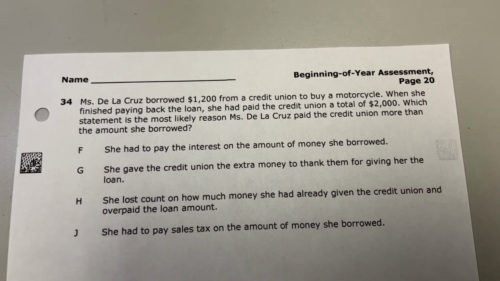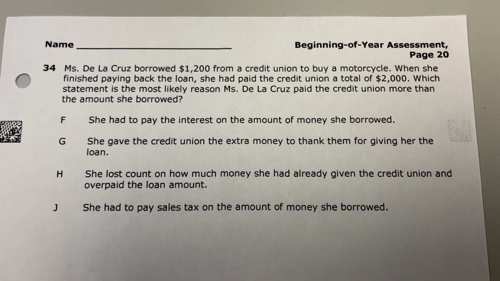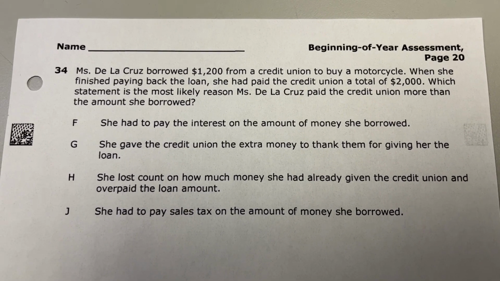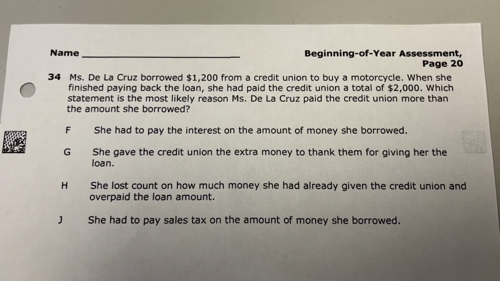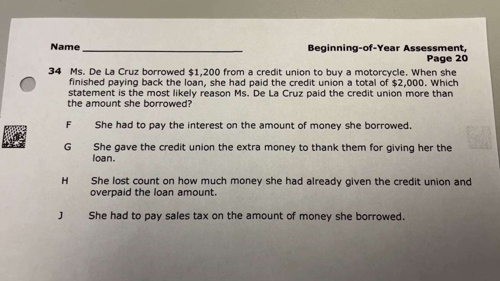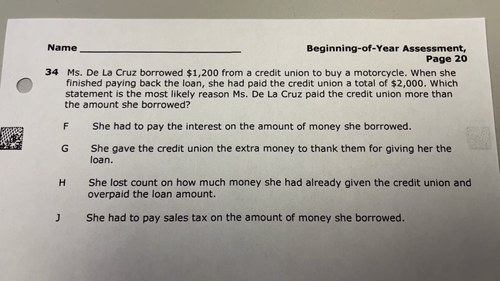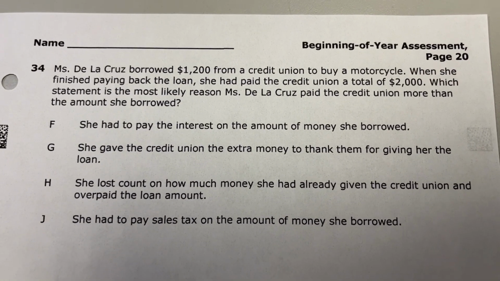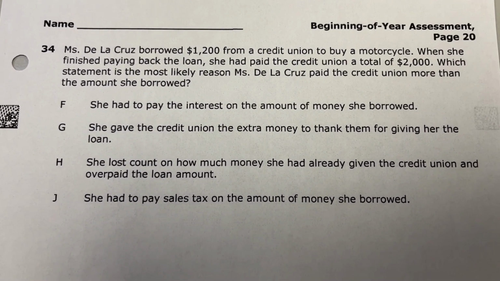Number 34. Mrs. De La Cruz borrowed $1,200 from a credit union to buy a motorcycle. When she finished paying back the loan, she had paid the credit union a total of $2,000. Which statement is the most likely reason Mrs. De La Cruz paid the credit union more than the amount she borrowed?